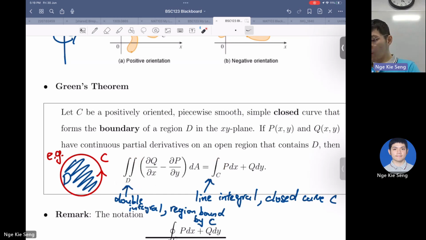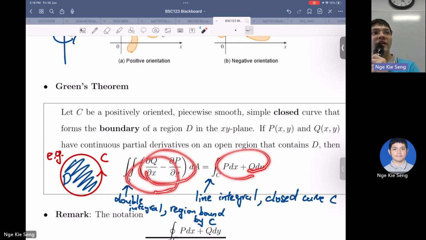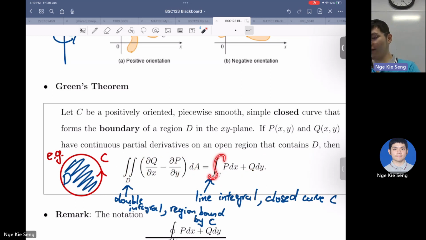So what happened to the function inside? Your line integral must start with this kind of specific function, P dx plus Q dy. Have you seen this kind of form before? P dx Q dy, what is that? It's work done. Work done we can split into dx, dy, dz.